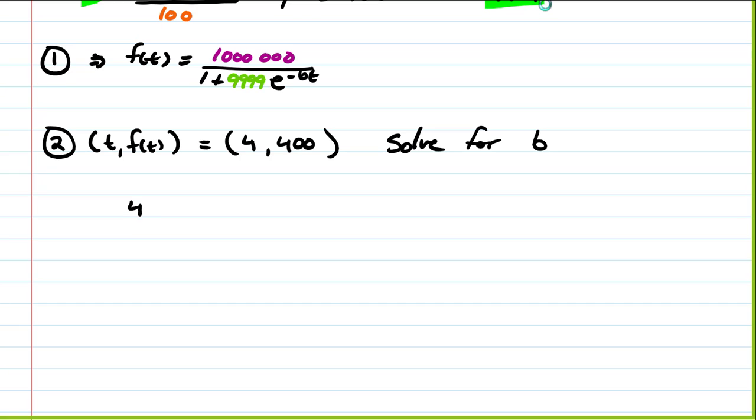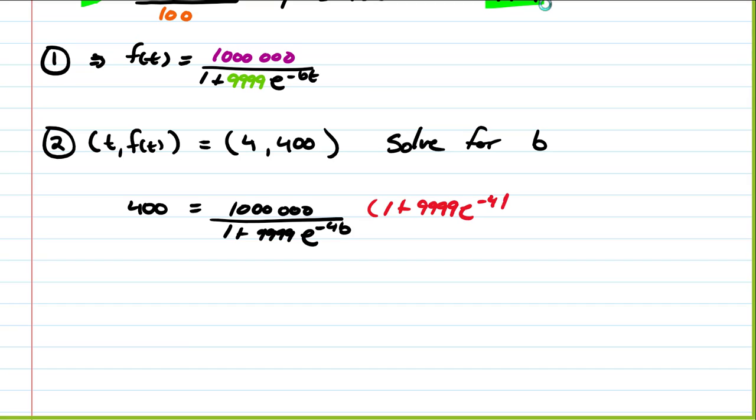So this gives us 400 is equal to 1,000,000 divided by 1 plus 9,999 e to the negative bt, so negative 4b. So then to resolve this equation, we're going to multiply both sides by 1 plus 9,999 e to the negative 4b to get rid of our fractions.